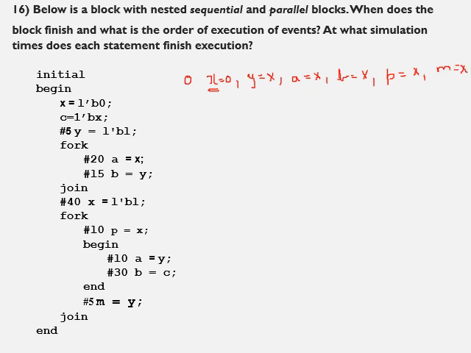I have skipped c because it is not being changed anywhere, only used here. So in the sequential block, at time t equal to 0, x is initialized to 0. The next simulation time is 5: at 5, x will be 0, y will be equal to 1 as per the statement there, and all others will be unknown.